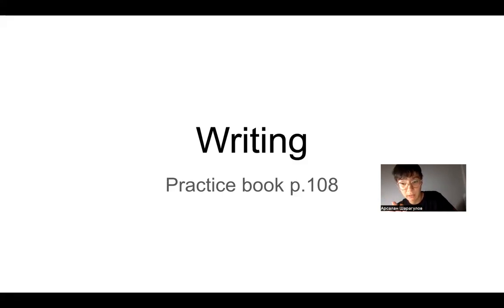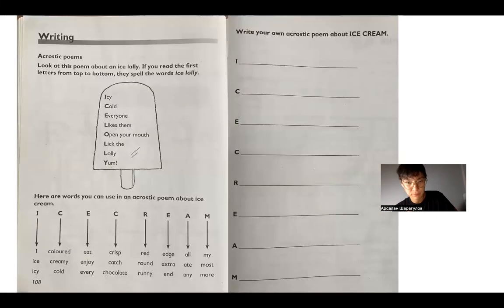So I will check all of your poems, okay? I would like you to write it on a piece of paper, okay? Not in the book, on a piece of paper, so I could collect your paper later and give you the grades.